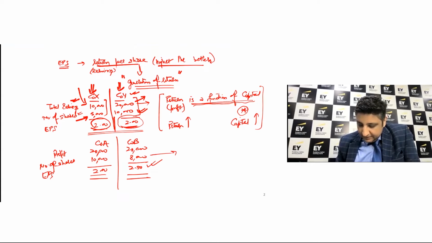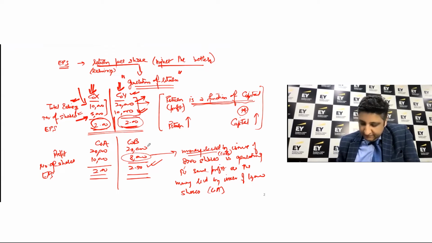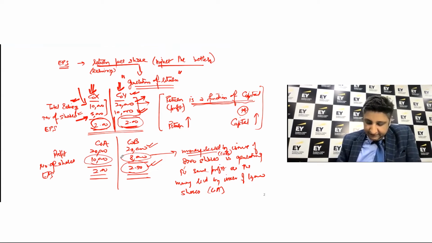Again, the money received by issuance of 8,000 shares is generating the same profit as the money received by issue of 10,000 shares for company A. So for company B, we are investing whatever money we get by issue of 8,000 shares and are able to generate the same profit, effectively a higher earnings per share, versus company A as a competitor.